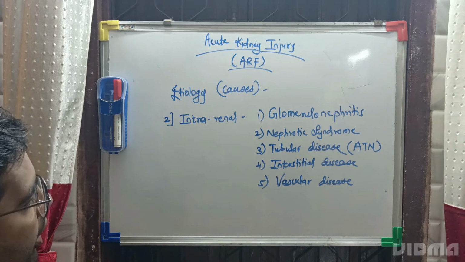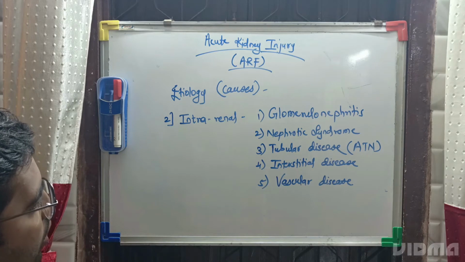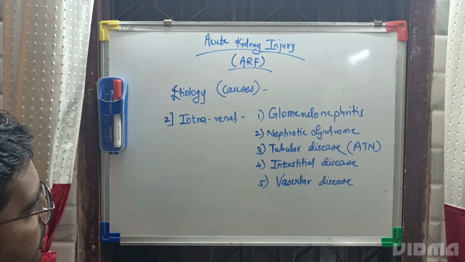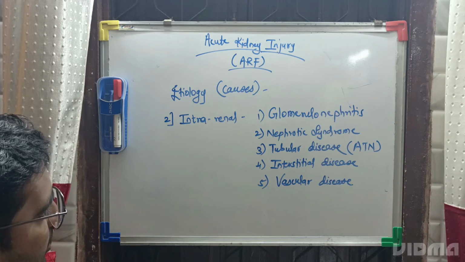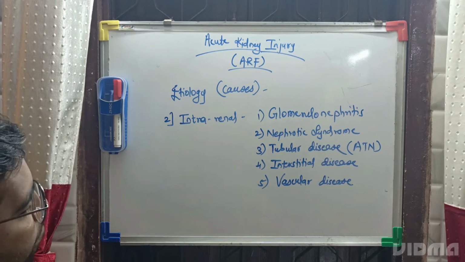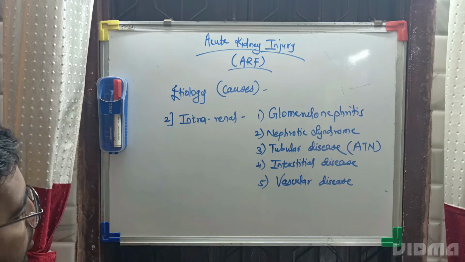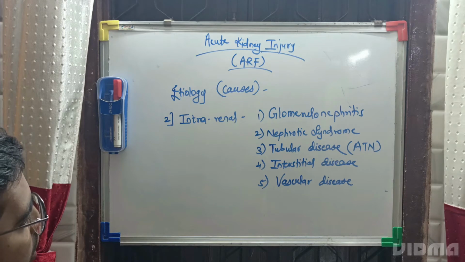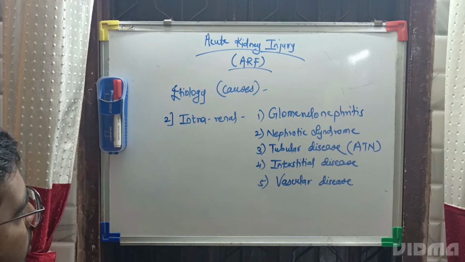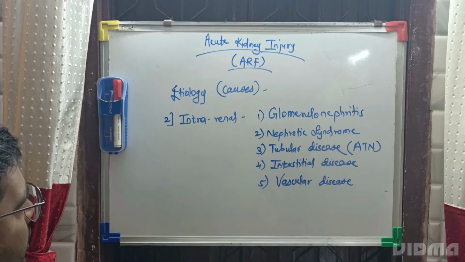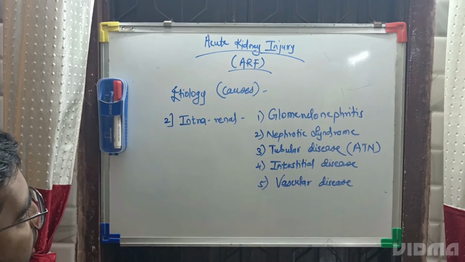Fourth, interstitial diseases, such as ischemia and infections, which can also occur because of nephrotoxins. And the fifth one is vascular disease such as vasculitis. These are the intrarenal causes of acute kidney injury.